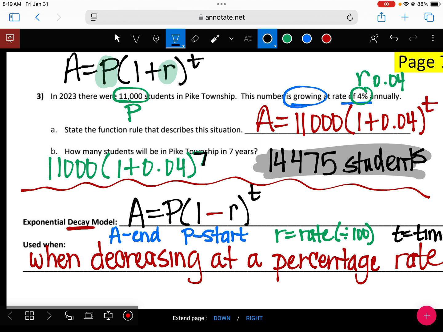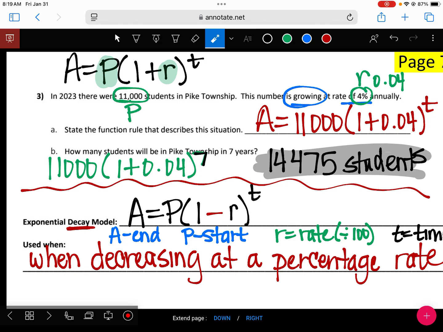Today, we're talking about decreasing at a percentage rate. And the big difference between the formula we did for number 3 and the decay difference is what? What do you notice the difference is between this formula and this formula?